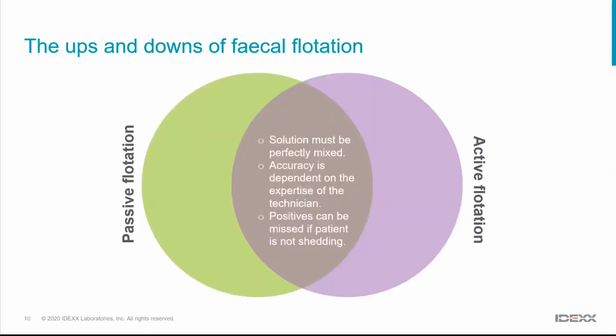So that's a sort of passive flotation that we talk about, that you're doing in clinic. You can have what we call an active flotation, which is a flotation centrifugation technique, and that's what we do in our laboratories. So it's using a different concentration of solution and a different technique, and we're using zinc sulfate for that.